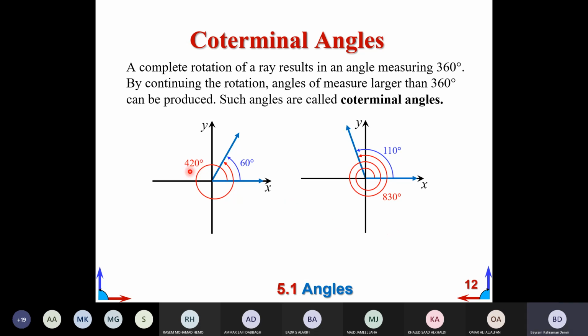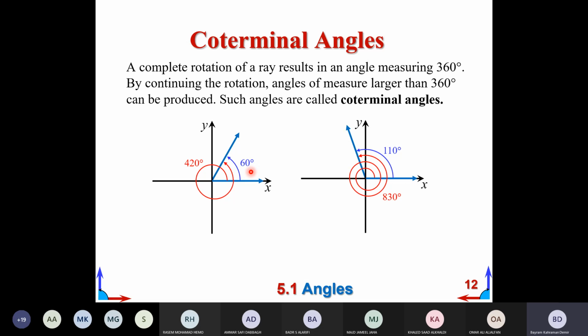When we have the 420 degree, how do we find the 60 degree? If I give you 420, subtract 360 from it. If you subtract 360, you will get 60 degree. Or if I give you 60 degree, how do you find the 420? Add 360.